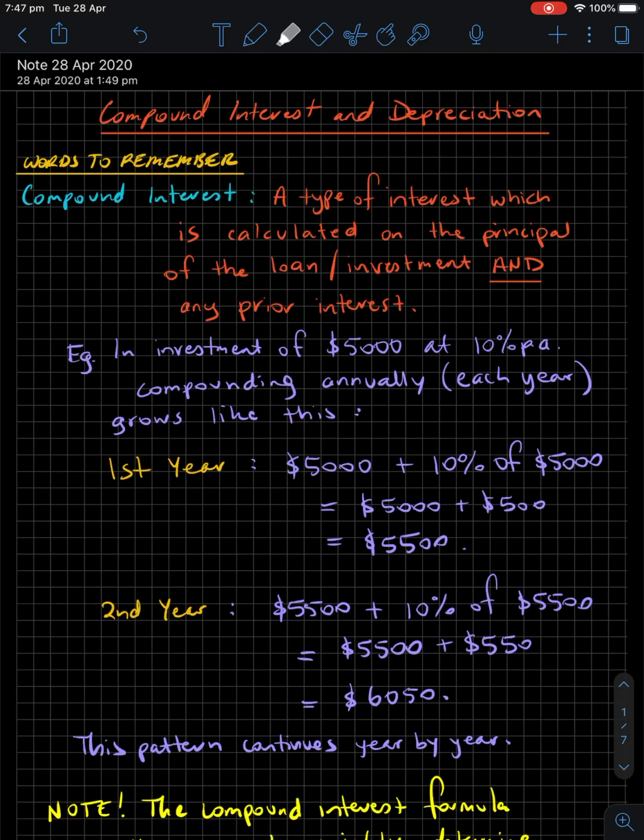So with compound interest, you're pretty much getting interest on your interest that you've already earned. Or for example, if you're borrowing money, you're going to have to pay extra interest. The amount of interest that you have to pay in the future builds up on top of that interest, which is already accumulated.